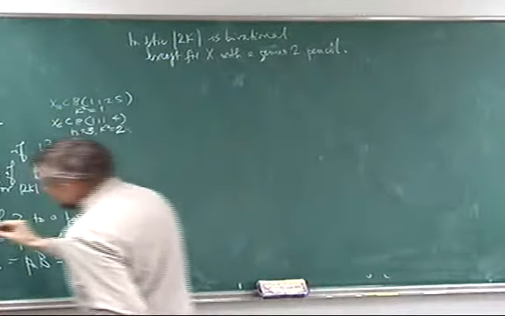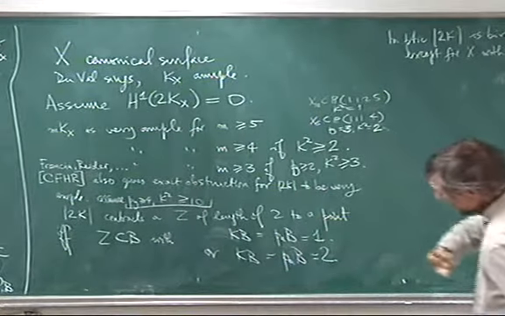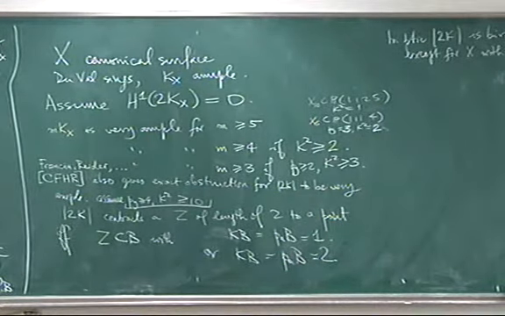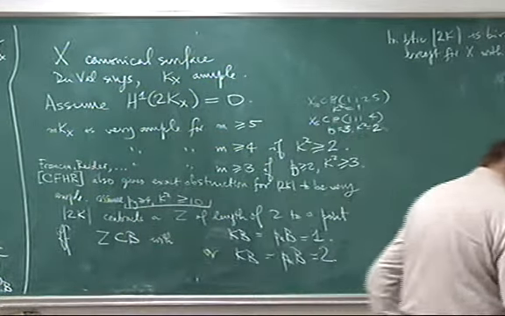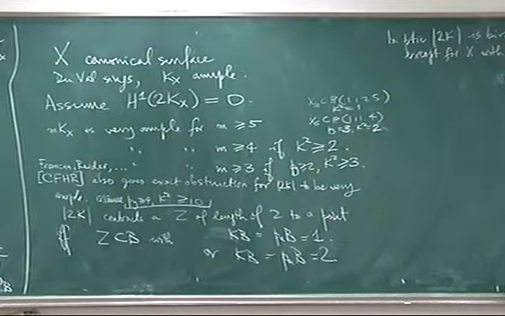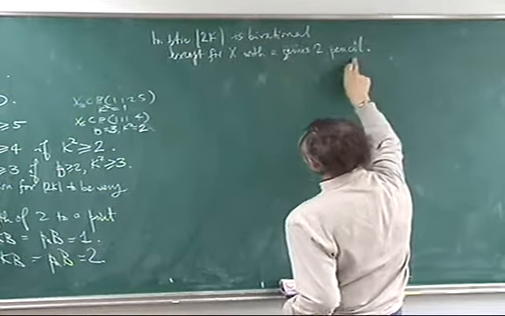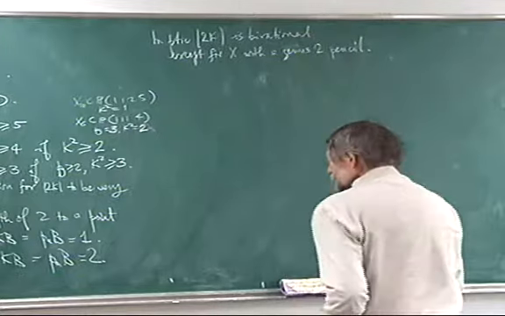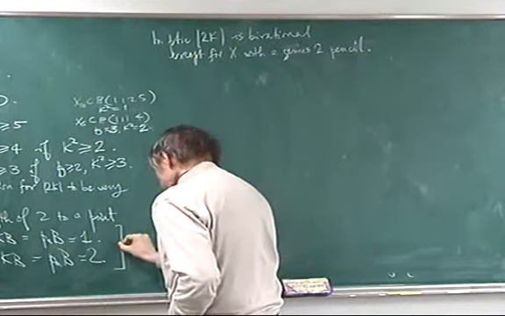Here, I'm assuming this, so I'm avoiding the first hundred cases for these invariants, where they're really small. Apart from that, the linear system 2K is always a birational map, except for the case where X has a genus 2 pencil. Okay, so it's useful to say what these cases really mean.